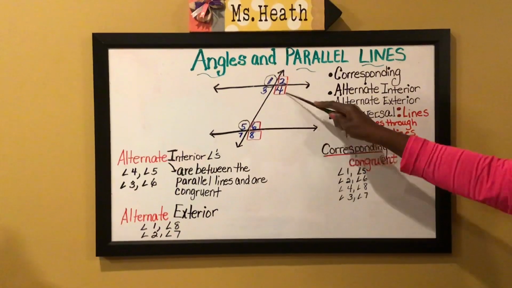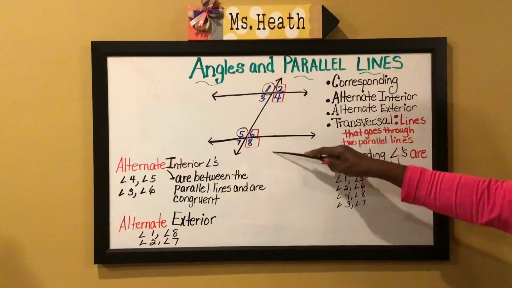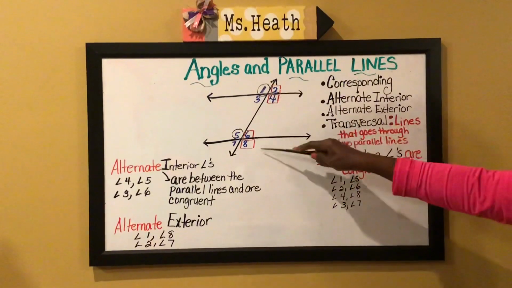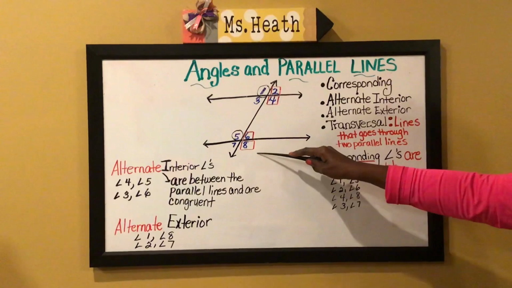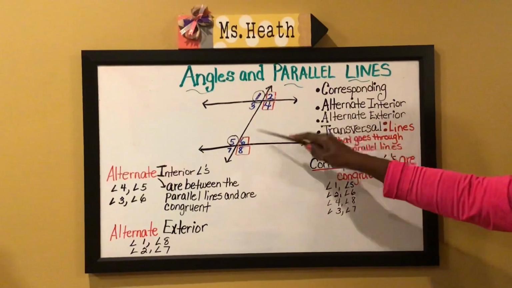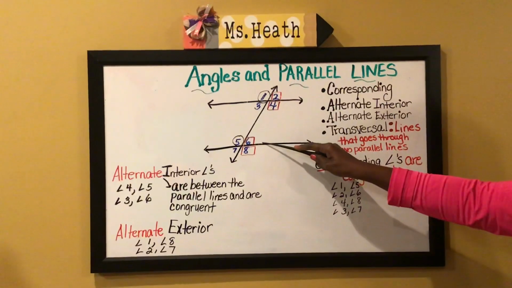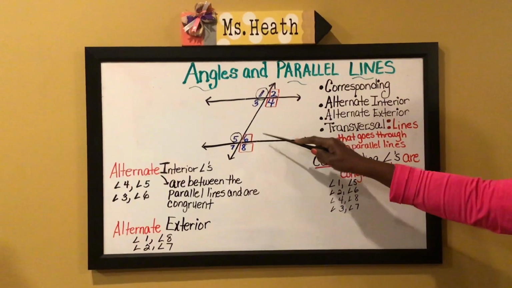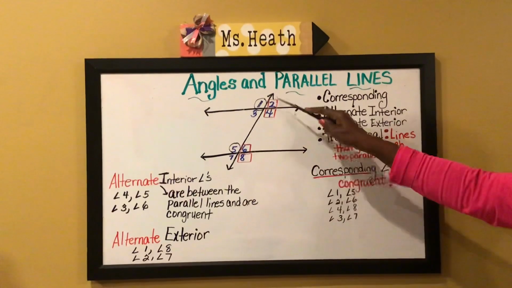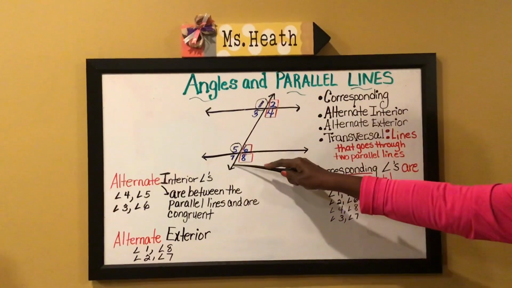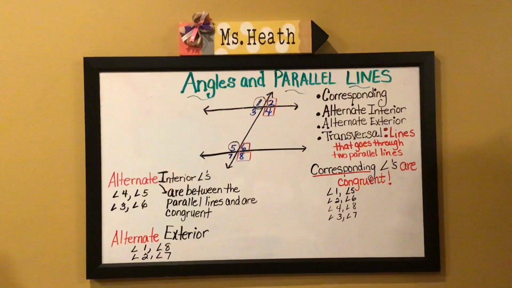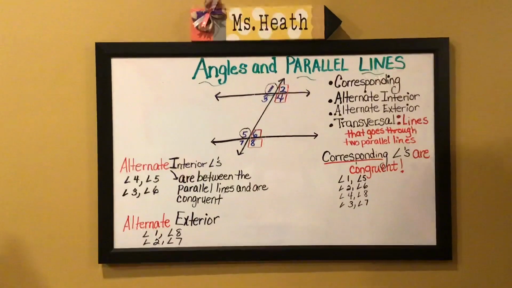As we said, this is like a review. 4 corresponds with 8. So 1 and 8 would be congruent. 2 is corresponding with 6. 6 is vertical to 7. That means that 2 and 7 are alternate exterior angles, and they are also congruent.